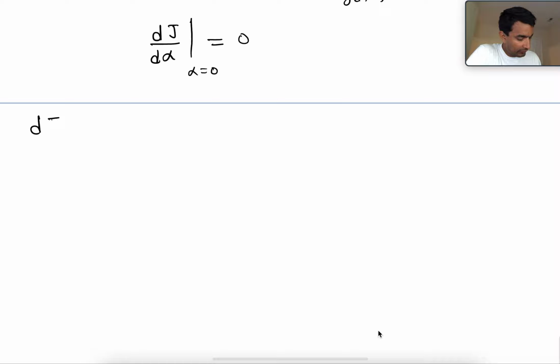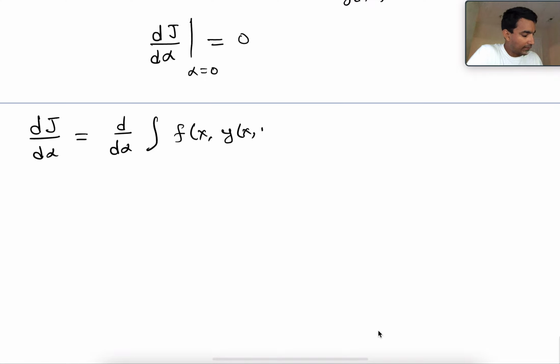So we are interested in dJ over d alpha. dJ over d alpha would be d by d alpha of the integral from x1 to x2 of f of x, y, which is a function of x and alpha, and y prime, which is a function of x and alpha, dx.